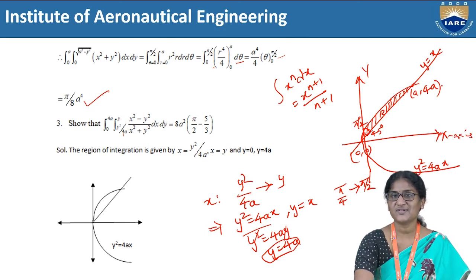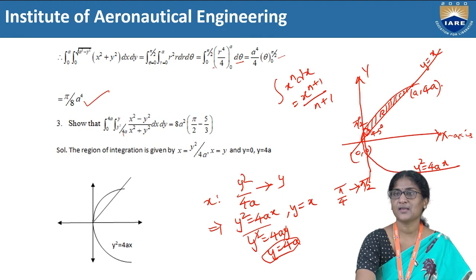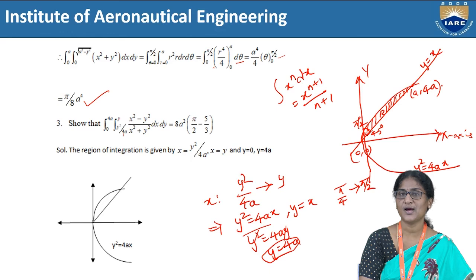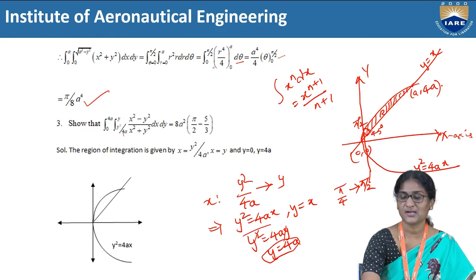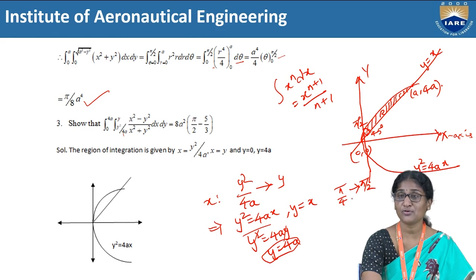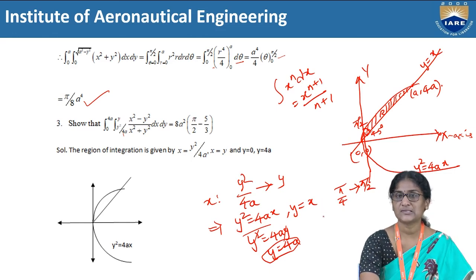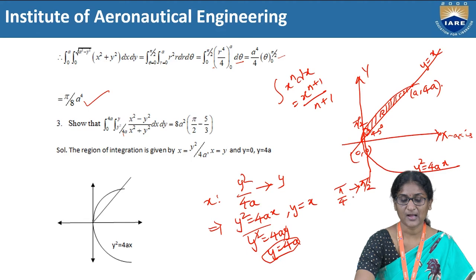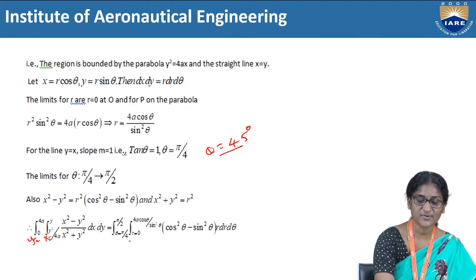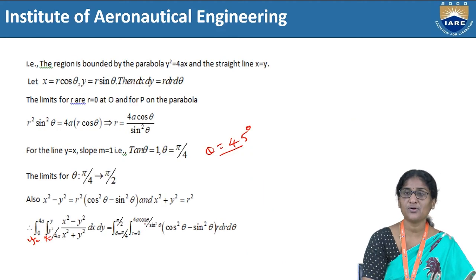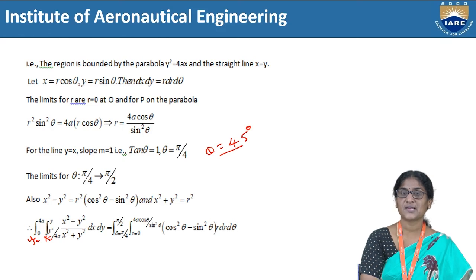So looking at the previous limits, we have to give the new limits for the coordinates we are converting to. Here theta varies from pi by 4 to pi by 2, and r varies from 0 to 4a cos theta by sine square theta.